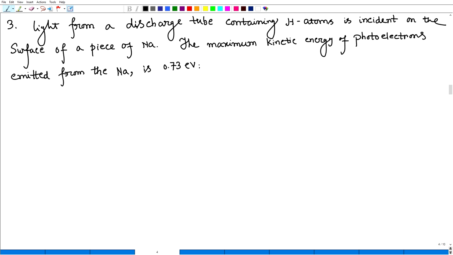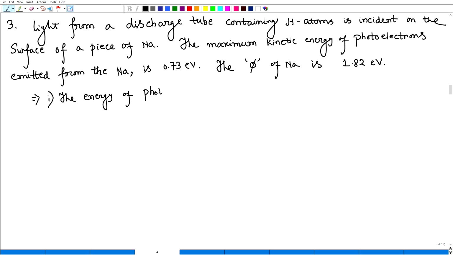The work function phi of sodium is 1.82 electron volt. Now they have asked to find the energy of photons responsible for the photoelectric emission.